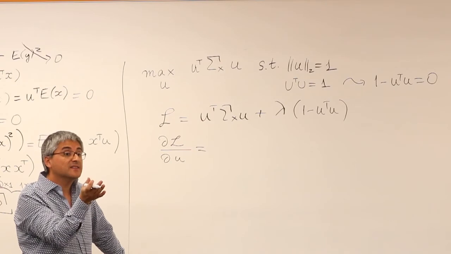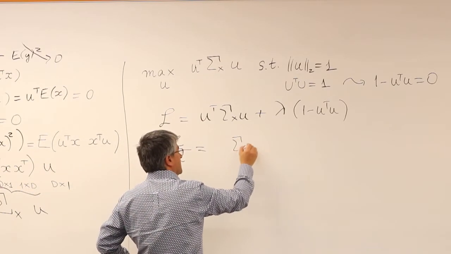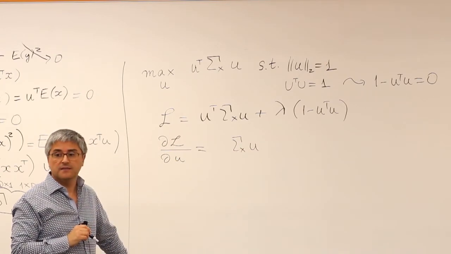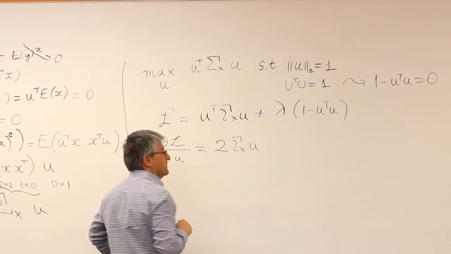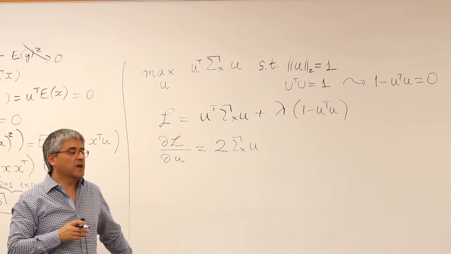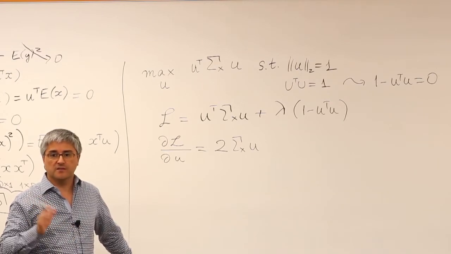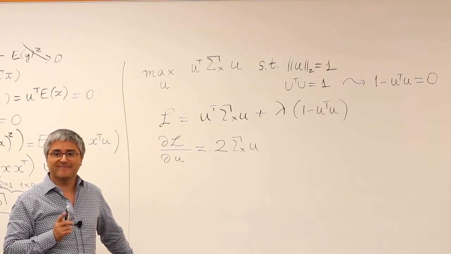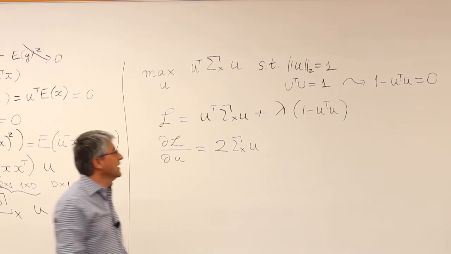Sigma times u? Times 2. Great. Very good. Anyone who does not know why the derivative is 2 times sigma u, raise your hand. Otherwise, I'm going to go 10 times faster. It's clear to everybody? Okay, good.